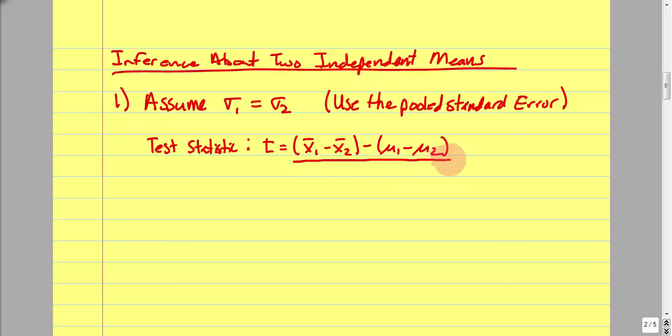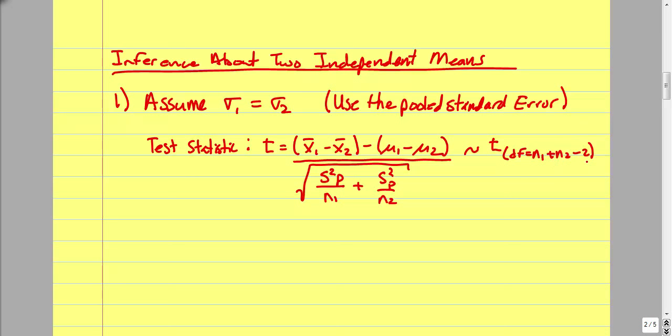And this is divided by my pooled variance, and that's s squared p over n1 plus s squared p over n2. And this is all square rooted, numerator and denominator. Now this is going to be distributed with t degrees of freedom, and the degrees of freedom will be equal to n1 plus n2 minus 2.